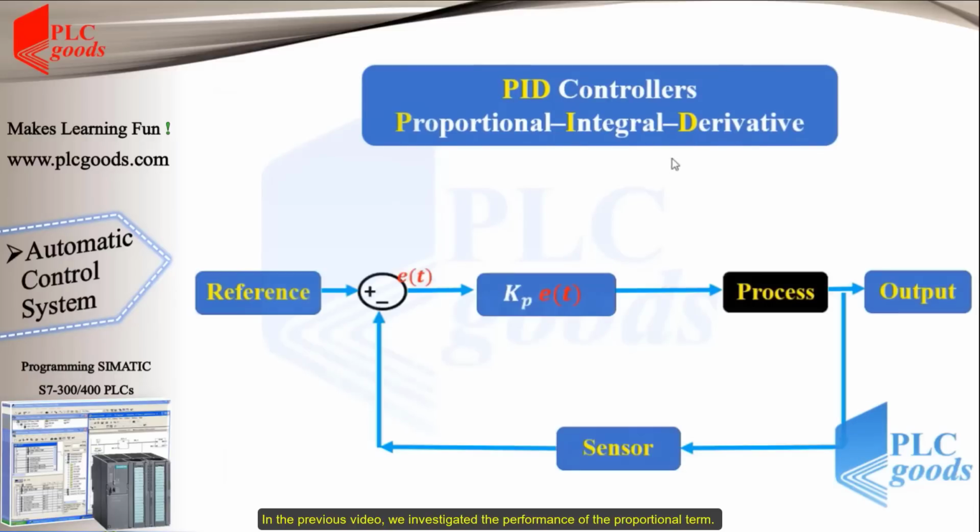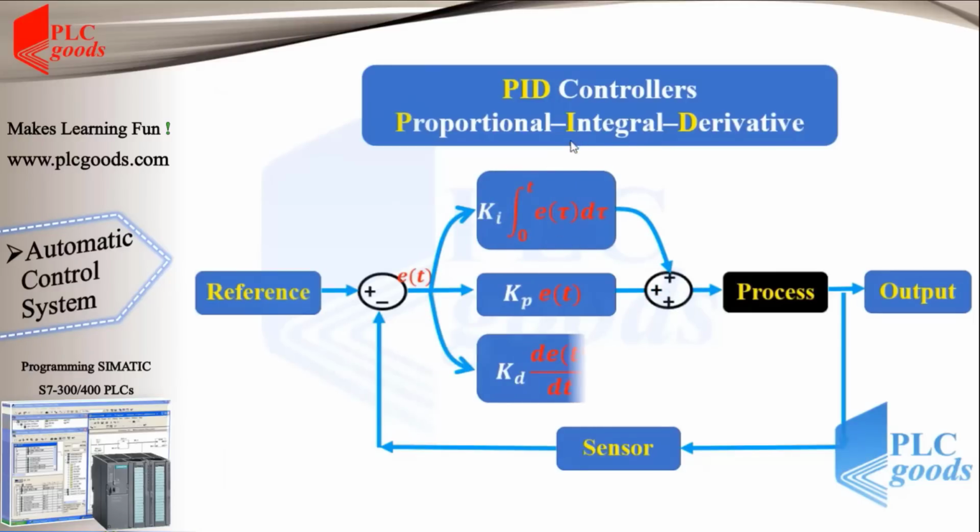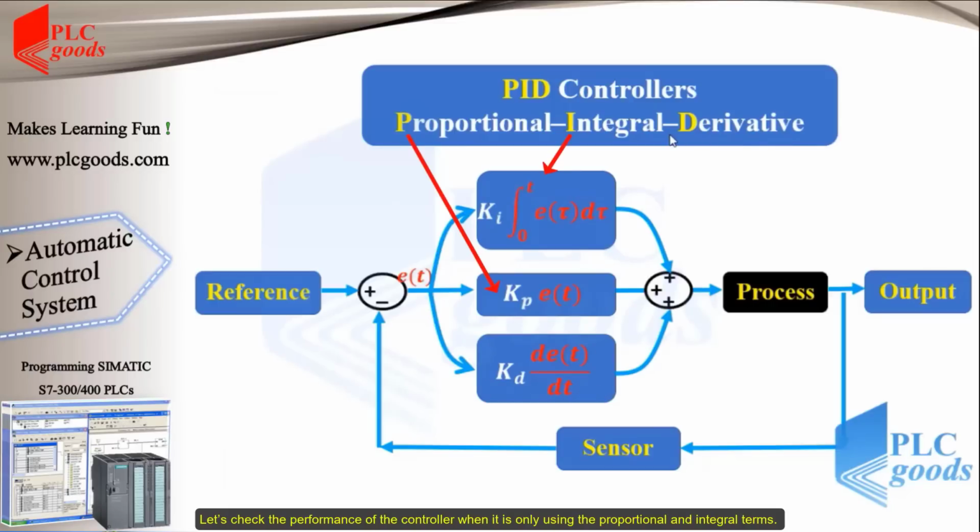In the previous video, we investigated the performance of the proportional term. As you can see, we can add the integral and derivative terms to the controller in a parallel form. Let's check the performance of the controller when it is only using the proportional and integral terms.